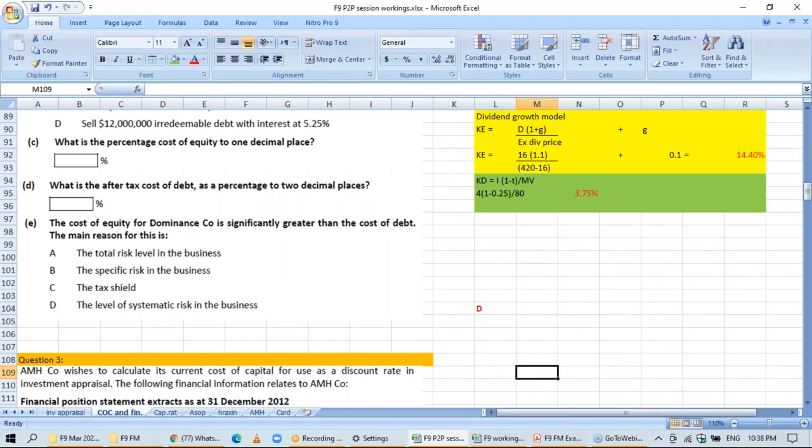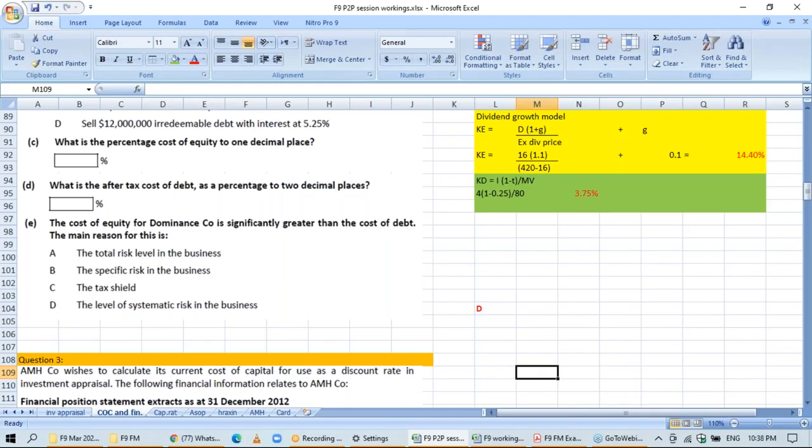Systematic risk means the risk that is not diversified, that is not mitigated, and that risk is due to the change in the government's macroeconomic policy. So it is due to this systematic risk that the cost of equity is higher. If you invest money in loans, you won't face the cost of this systematic risk, because the interest is irrespective of the profits earned by the business.